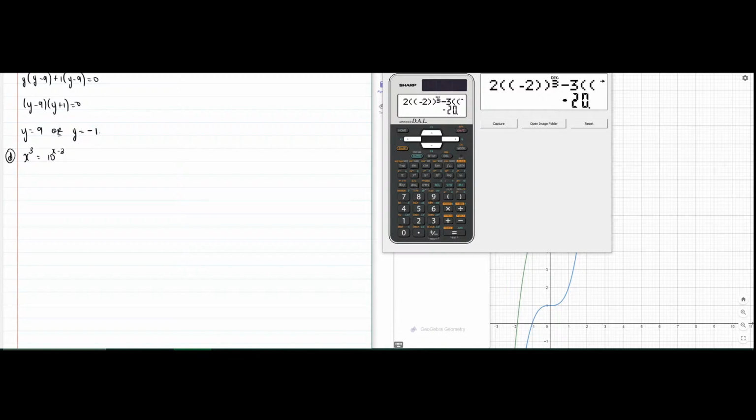So we need to introduce a log. This is log to base 10 we want to make it look like, so we had to introduce log to base 10. So we take log to base 10 on both sides.